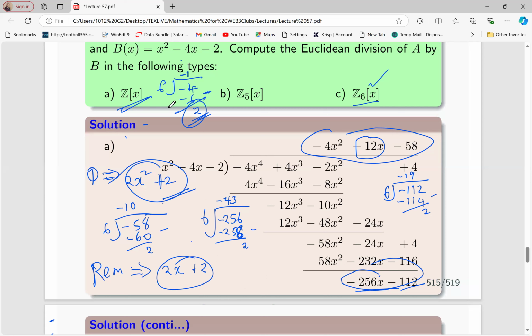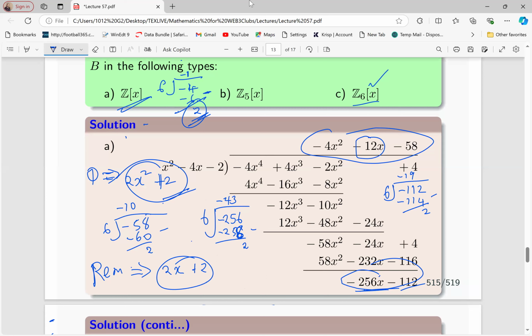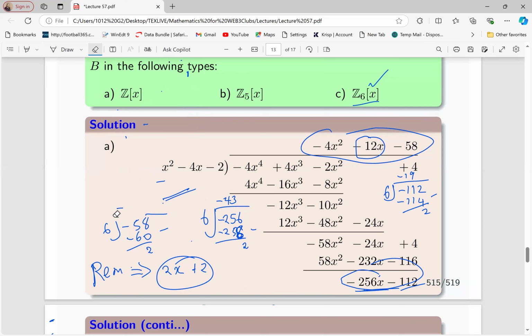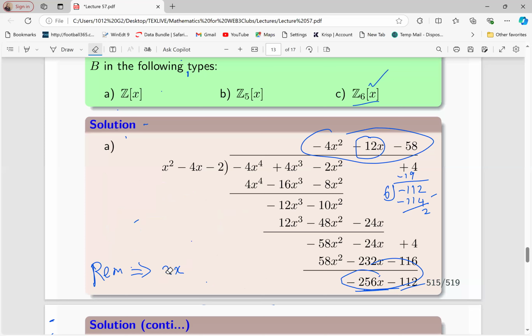So how did I do this? I did it normally. Then the end results are the ones I've reduced mod 6. Otherwise, if you want, you can work with it mod 6 from the very beginning. Convert your divisor mod 6, convert your dividend mod 6, and then begin the division.